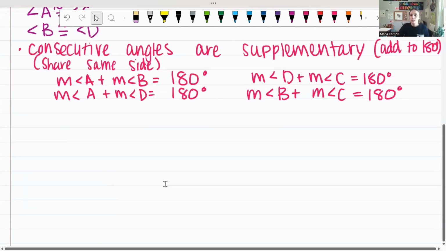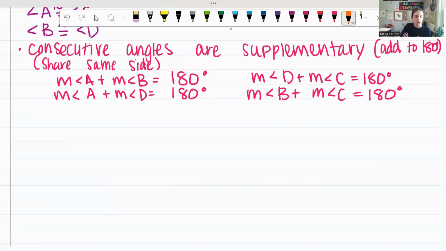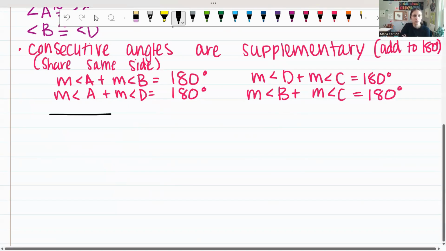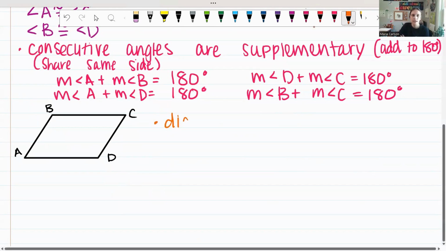The last property I want to talk about is going to get its own diagram. Let's draw that first. I'm just going to recreate our parallelogram, ABCD. And we're going to talk about the diagonals. The diagonals of a parallelogram bisect each other.